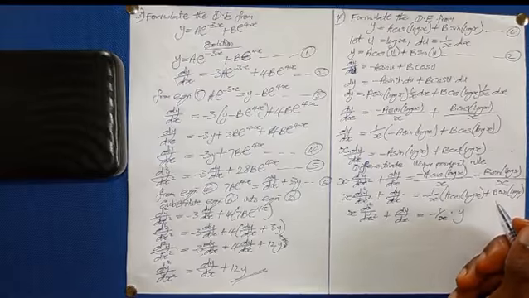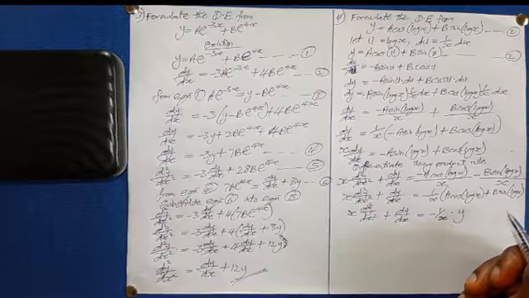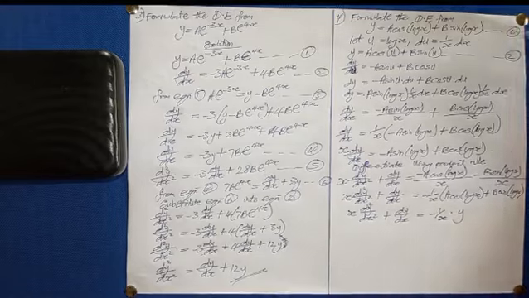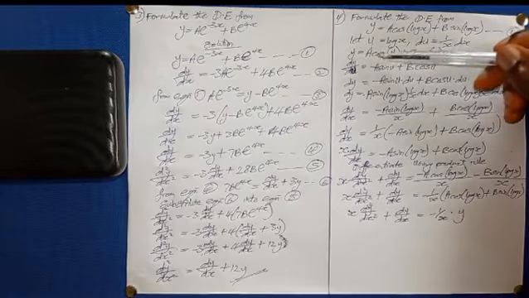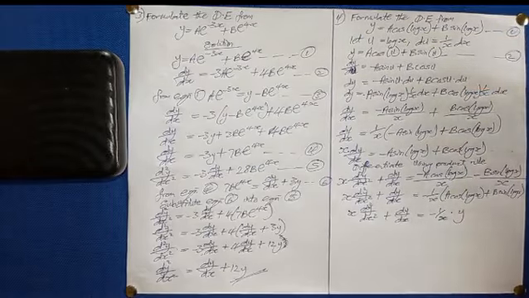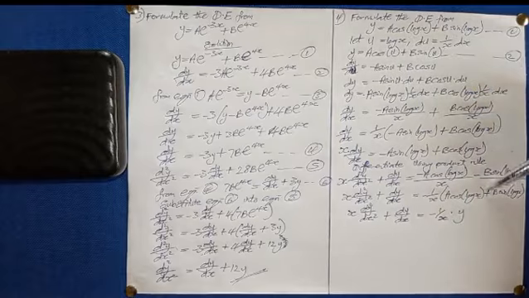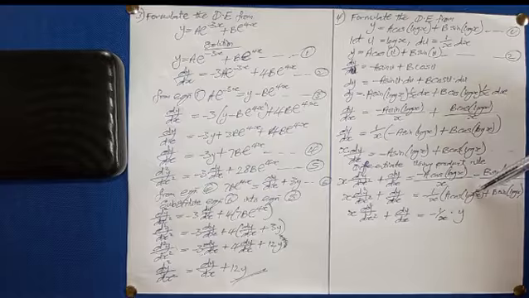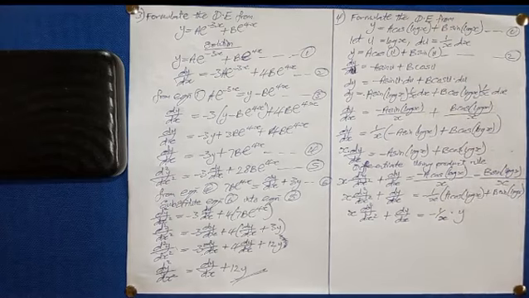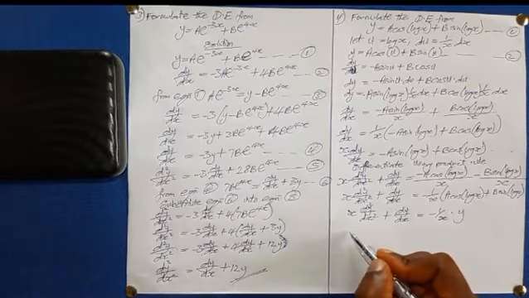Why do I say times y? Because if you come up here, you see that y is equal to this. So you can even replace this by y. This u, remember this u is log x, which is here. Either you put u or you put log x here. So y is equal to this. So you can interchange them.